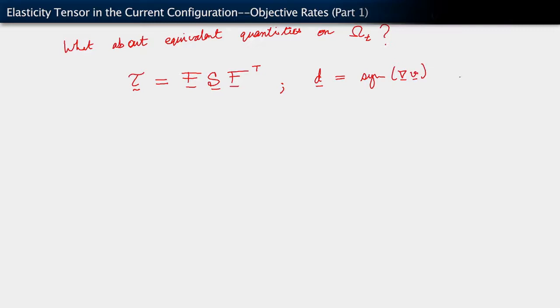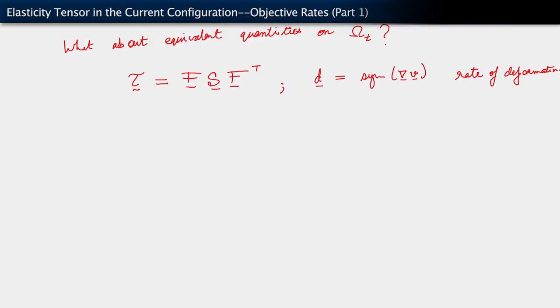This is the rate of deformation. I haven't shown it, but it's not very difficult to show that D is obtained by pushing E dot forward using F. You can write out that relation, but I'm not going to get into it right now. We don't need it for what we want to develop.